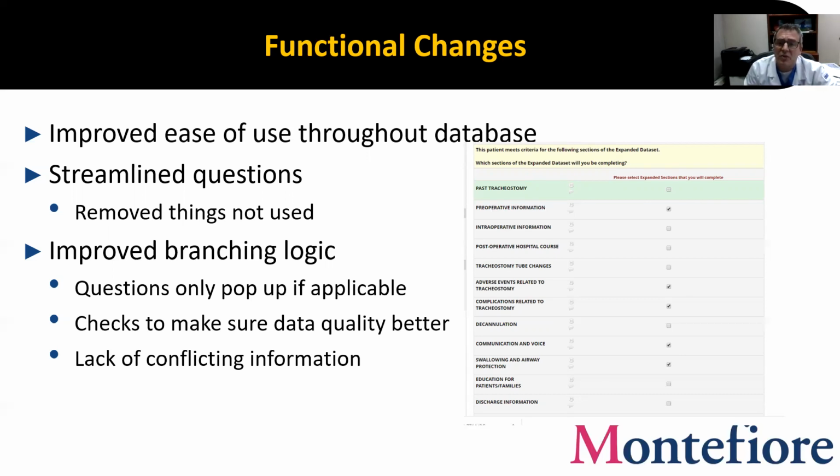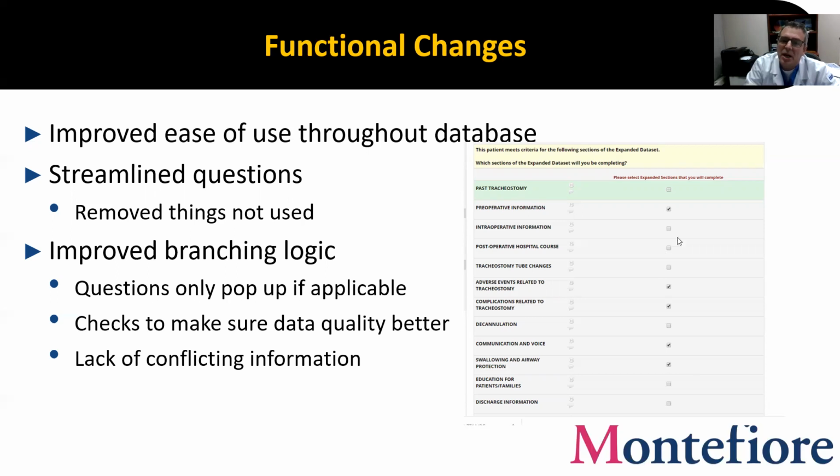And I think it's very helpful because part of what we want to do is generate data that can make an impact, right? That's one of the goals of the collaborative, where we can improve tracheostomy care and the outcomes of trach patients. But if your data is not as accurate, then it's not going to be as useful. And if people are entering different sections, then you're not going to have as strong data.